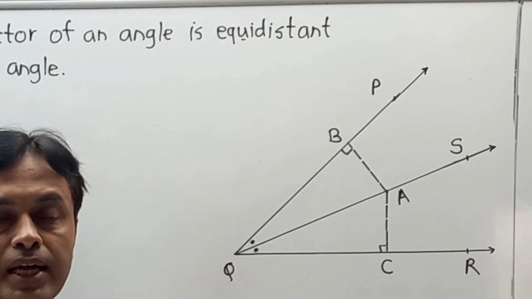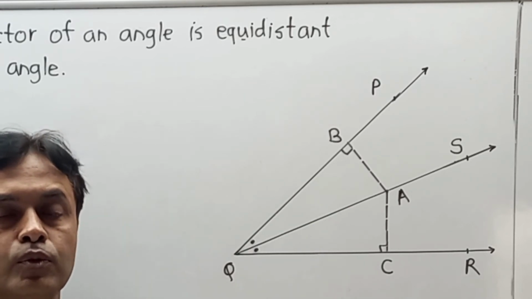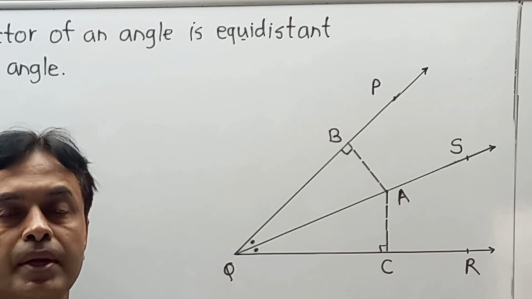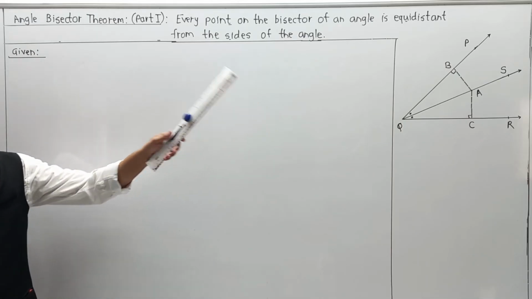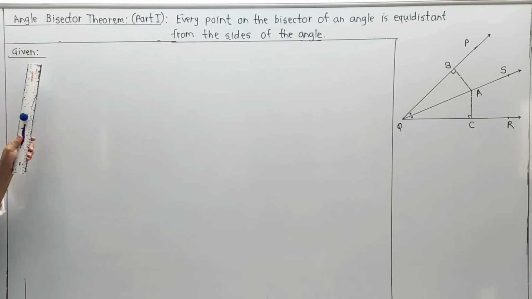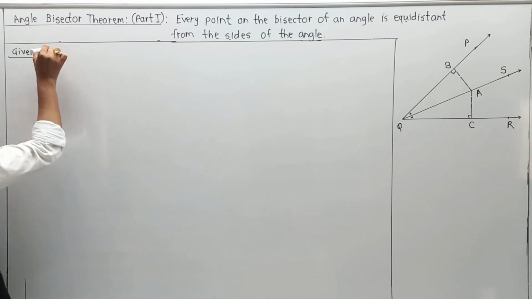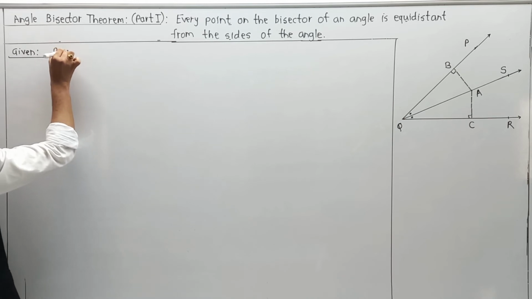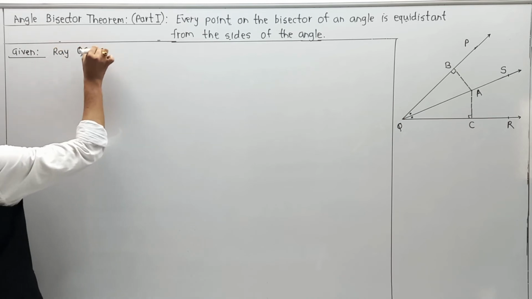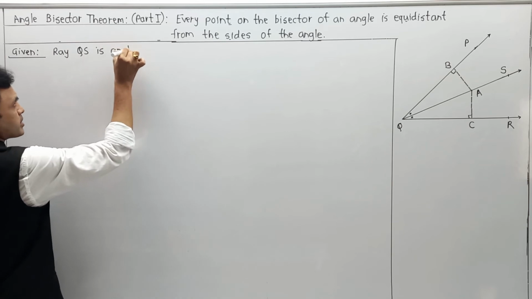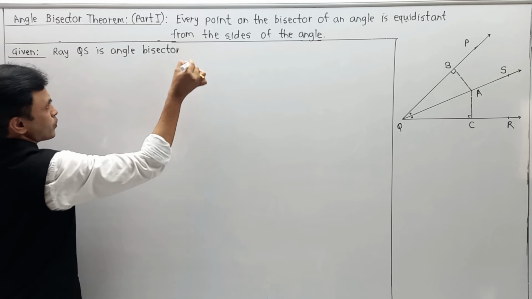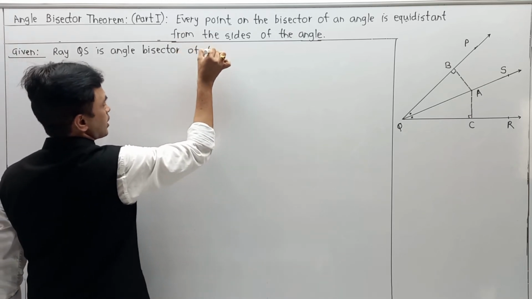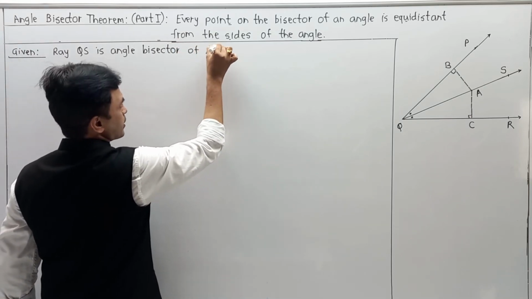So according to this diagram, I am going to write the given, to prove and proof. So please pay attention seriously. According to the diagrammatical descriptions, we are first going to write given. First of all, ray QS is angle bisector of angle PQR.